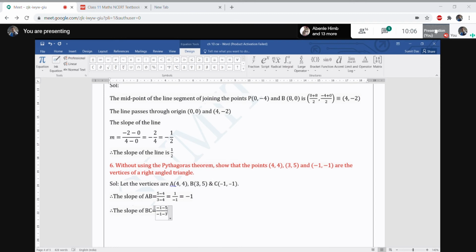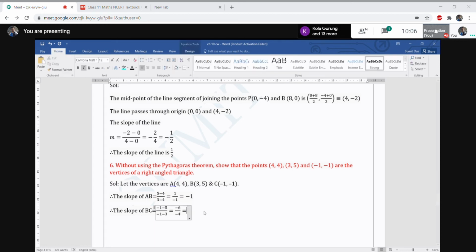If you simplify this one, it will be -6 divided by -4. So if you simplify this one, it will be 3 by 2. Slope of BC we got 3 by 2.